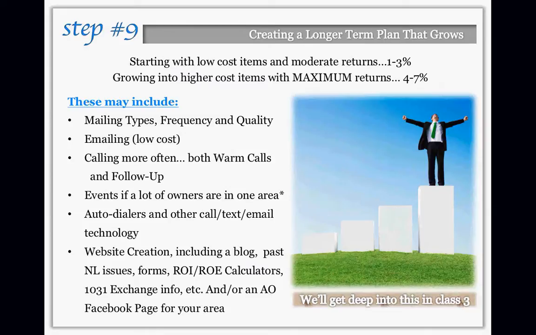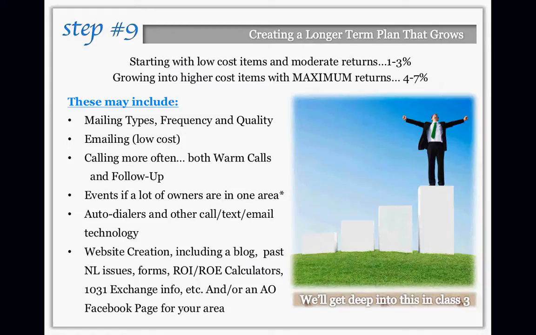So other things that your plan may include as you grow are auto dialers and other call or text or email technology, maybe a website just for your absentee owners, maybe a blog, maybe a chat where they can talk to each other. This is so easy with a Facebook page.